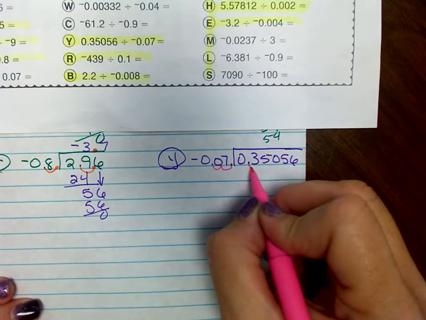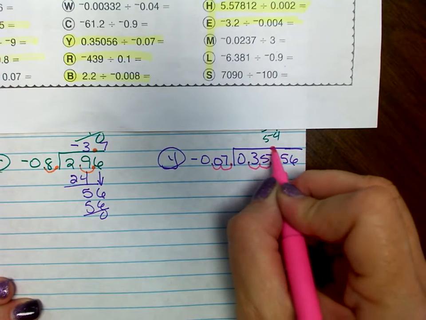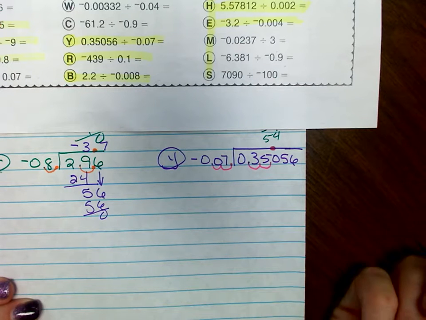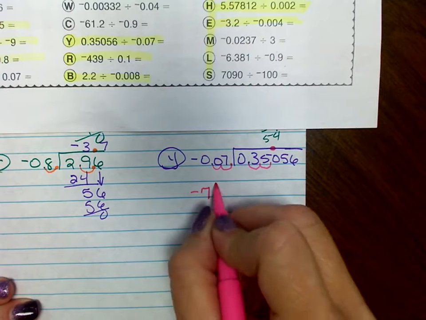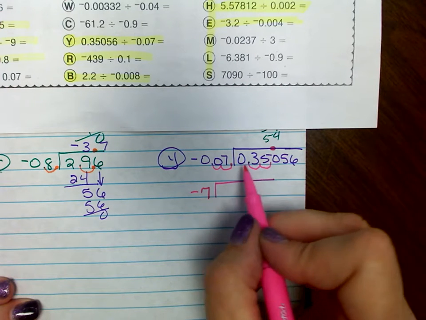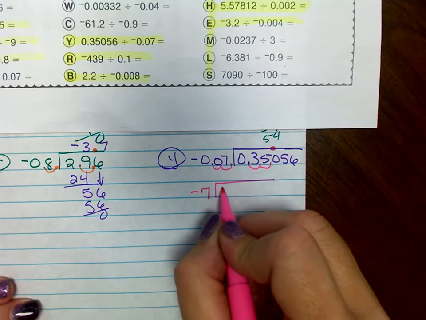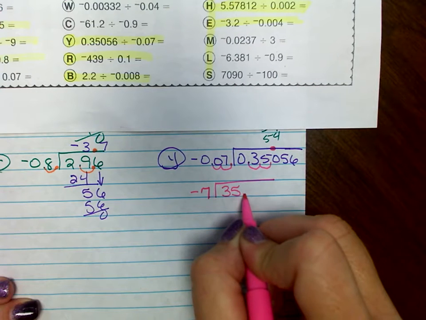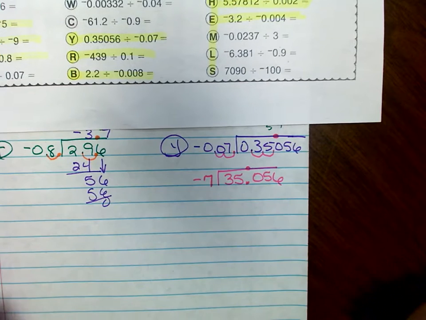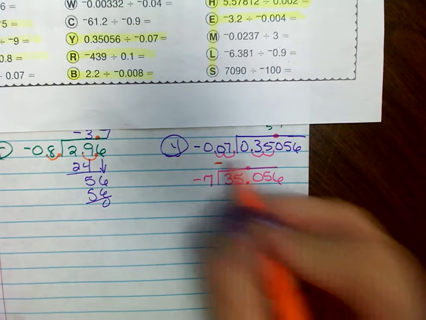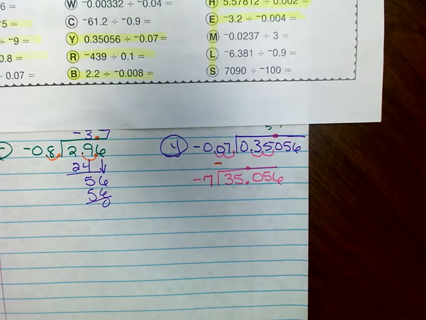So move the decimal 1, 2. And to make it look pretty, I'm going to rewrite it. Negative 7. And here we can leave out the 0. And your decimal becomes there. And your answer will be negative. So I'm going to put my negative sign up there so I don't forget.